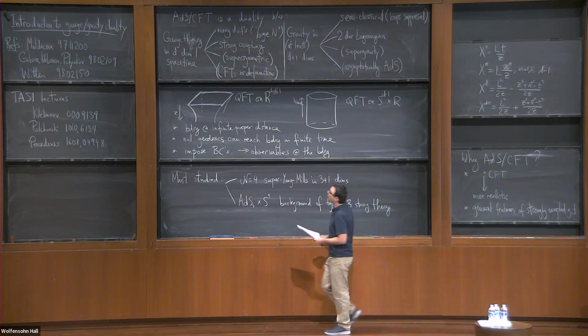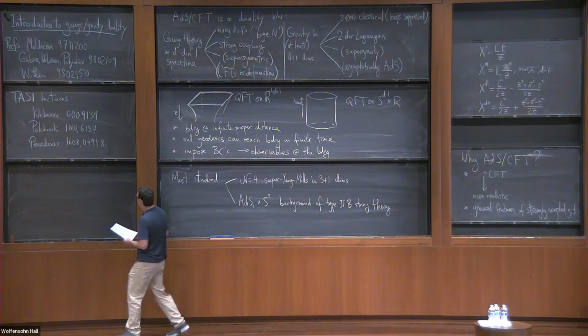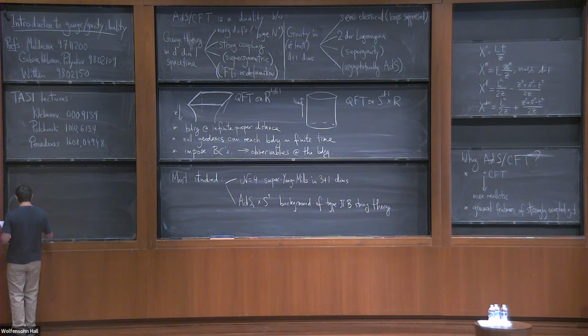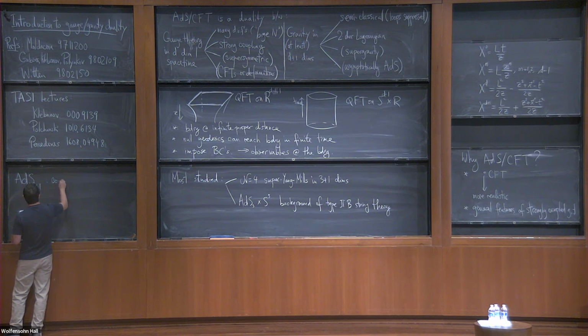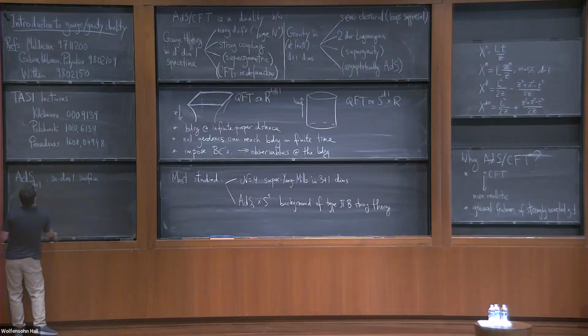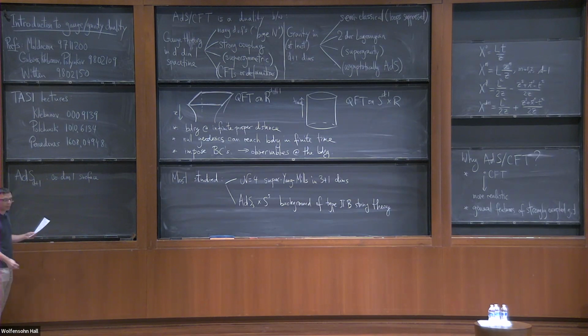So now let me describe what anti-de Sitter space is. So maybe I can do it here. AdS in d+1 dimensions can be thought of as a codimension 1 surface in a bigger space. And that surface is given by something that looks like a hyperboloid.